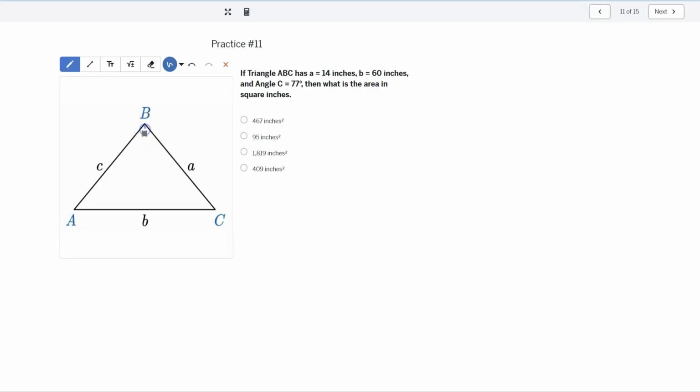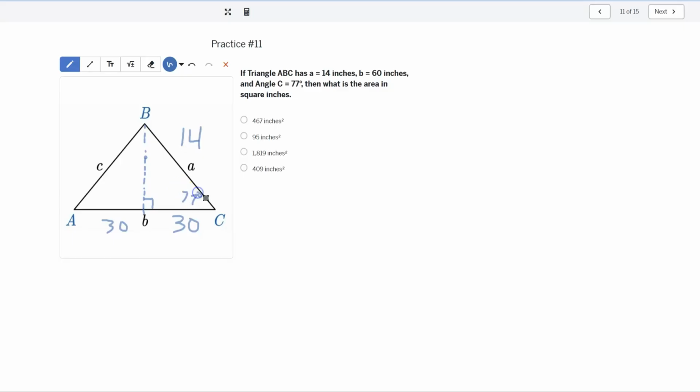So if I drew this down to create a right angle, I could have the height. Now they're going to give me that A is 14, B is 60, so if I cut it in half, I have 30 and 30. And then angle C is 77.